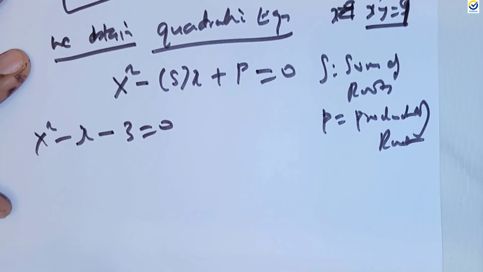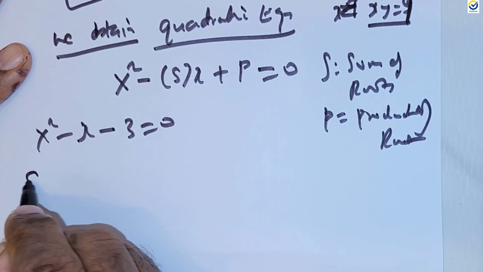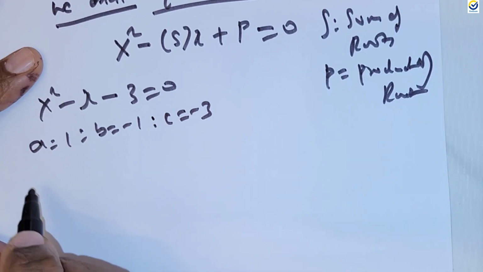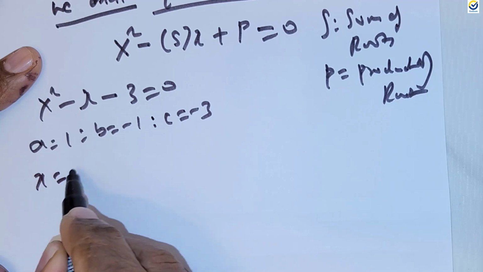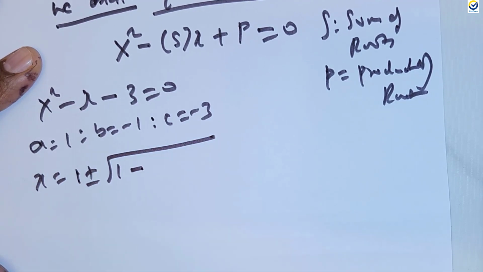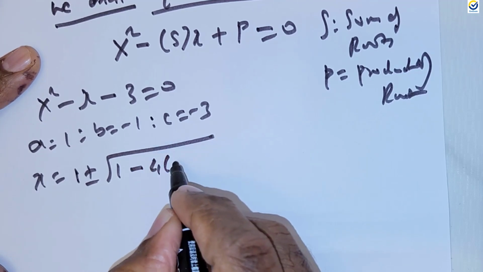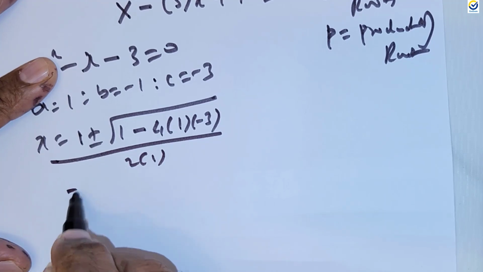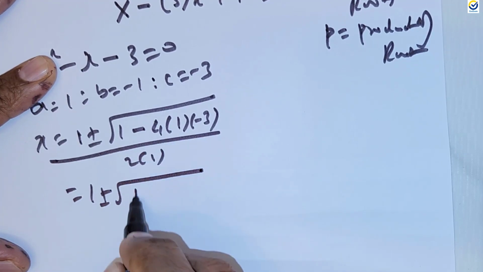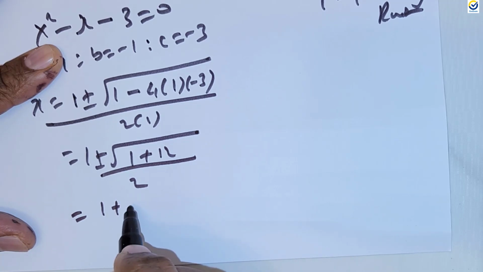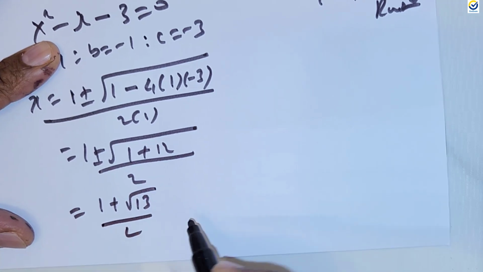So solve this. a is equal to 1, b is equal to -1 and c is equal to -3. So x is equal to 1 plus or minus root of 1 minus 4 times a times c, which is -3, divided by 2 times a. So this is going to be 1 plus or minus root of 1 plus 12, divided by 2. So it's going to be 1 plus or minus root of 13 divided by 2.